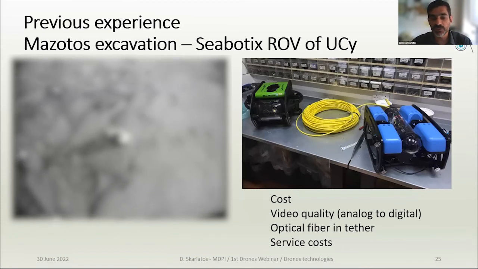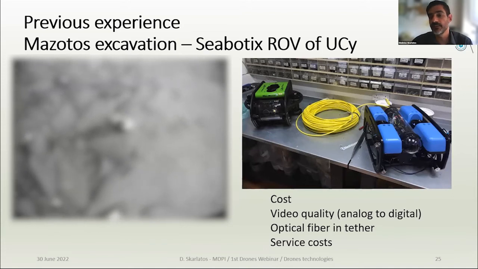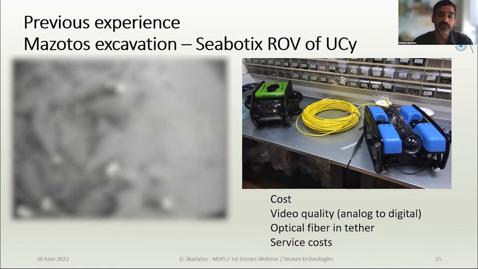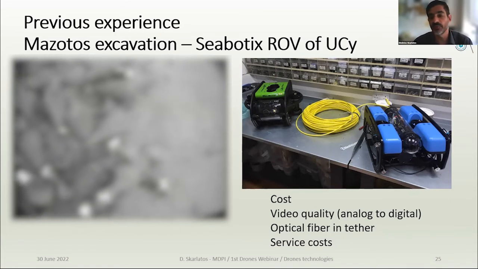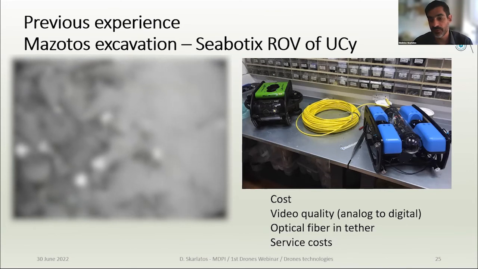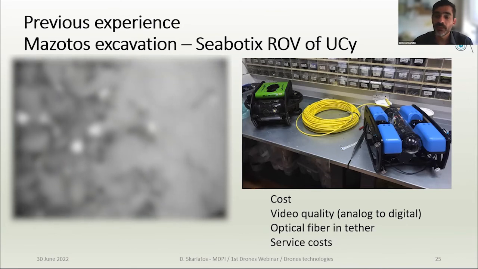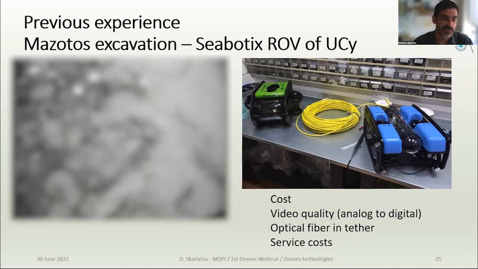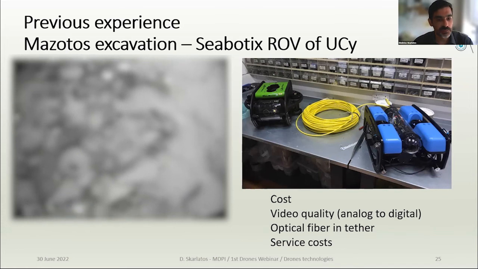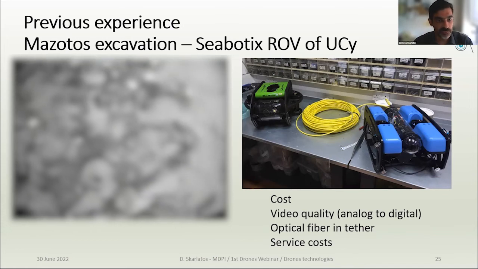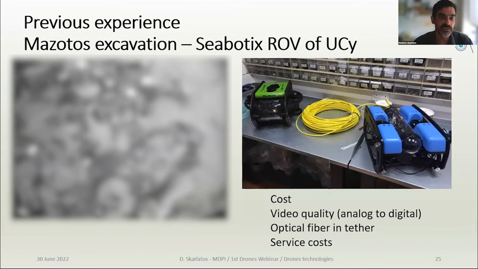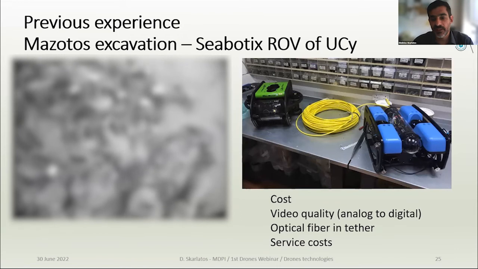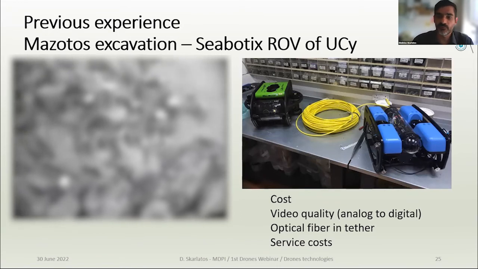The service cost of any thruster or any maintenance service goes quite high, and we had to send the ROV back to the vendor. So it was very difficult, not to mention the video quality, which is the one you can see on the left. It was usable because we did manage to use it for 3D reconstruction. And actually this is a sequence that we use for 3D reconstruction on the left-hand side. But then again, it's far from optimal.